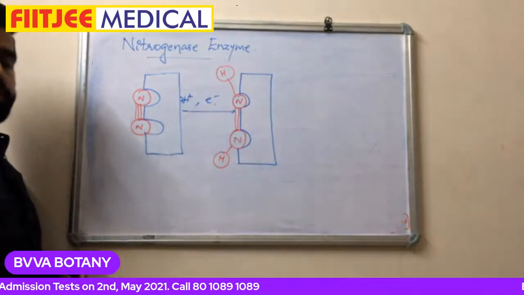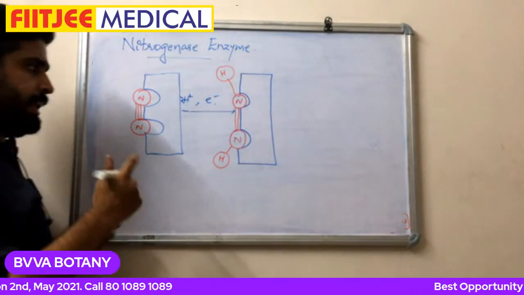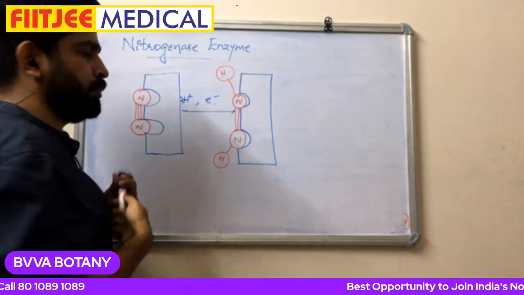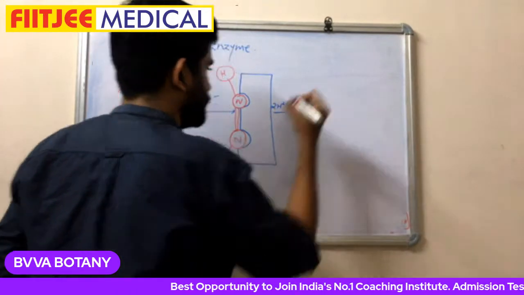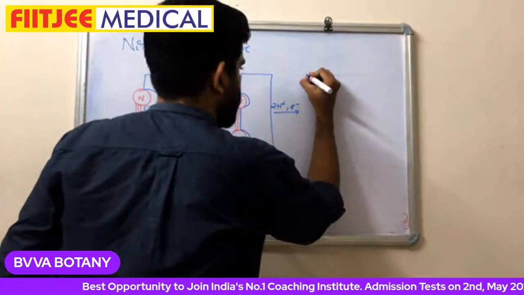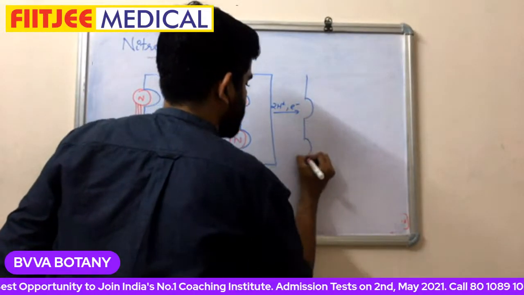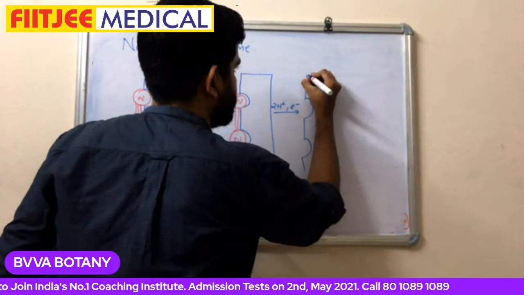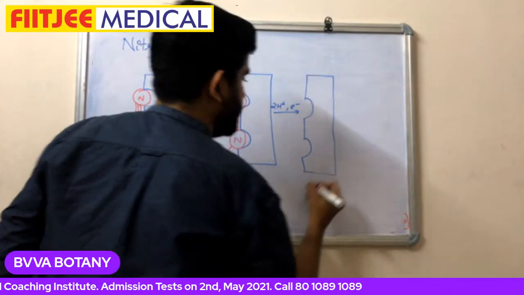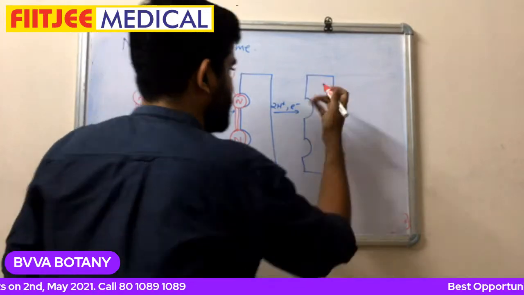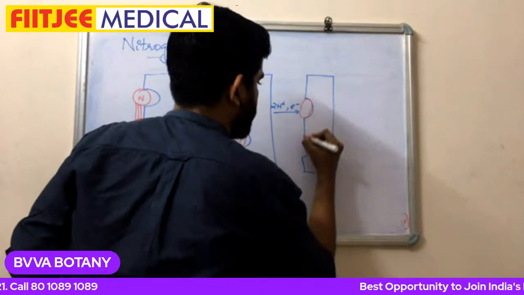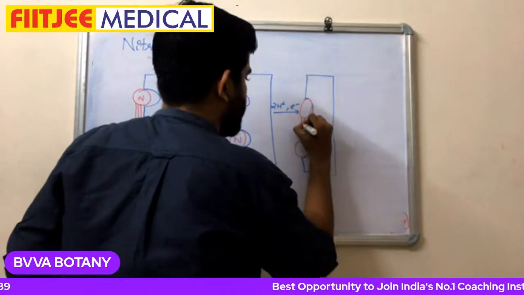2 electrons and 2 protons. Again, an addition of 2 H plus and electrons will come, so again the nitrogenase activity will repeat. Previously there were 2 bonds and one hydrogen. Now the second bond of the nitrogen is broken. So finally, how many are there?